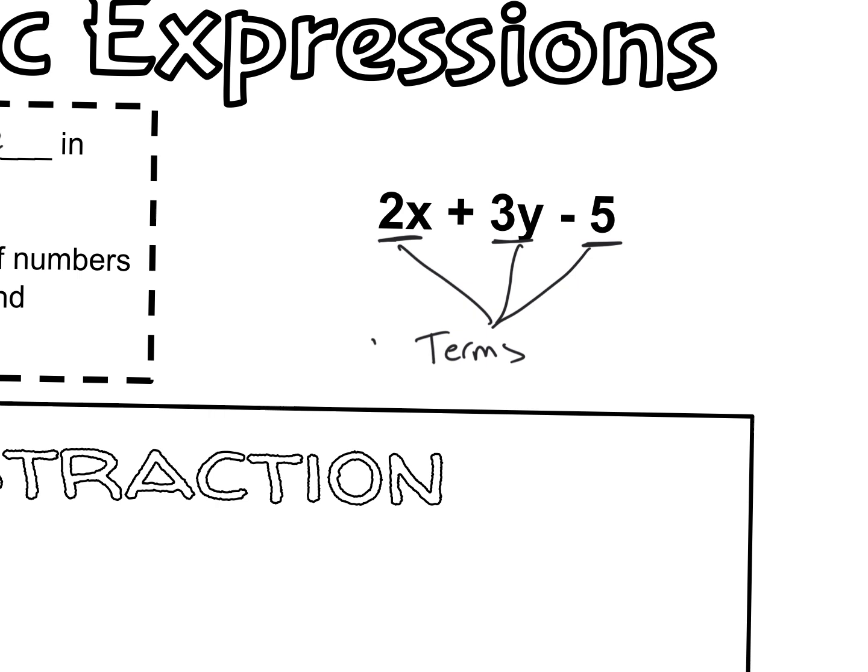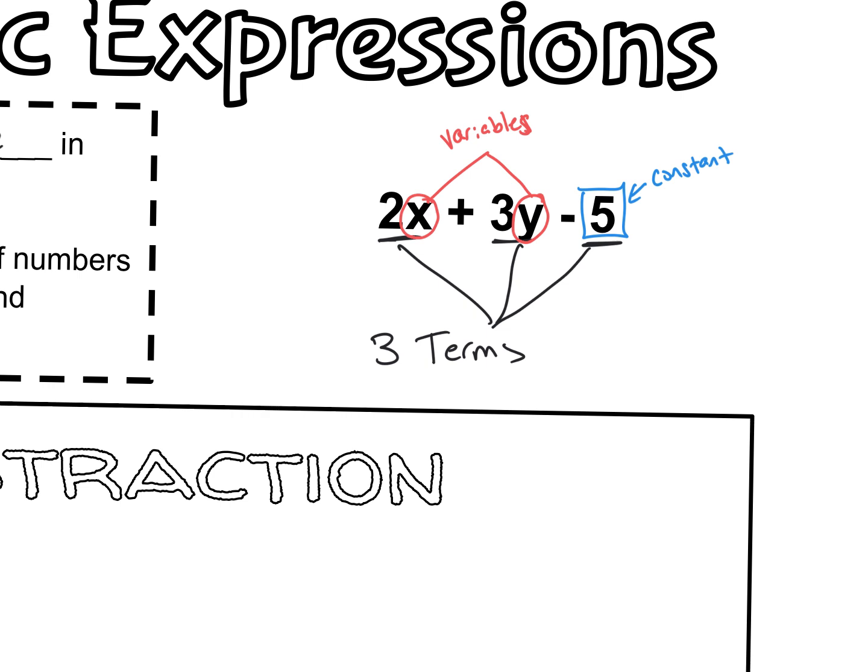So in this case, we have 3 terms in our expression. x and y stand for those unknown quantities, so those are our variables. Since 5 does not have a variable with it, this is a constant.